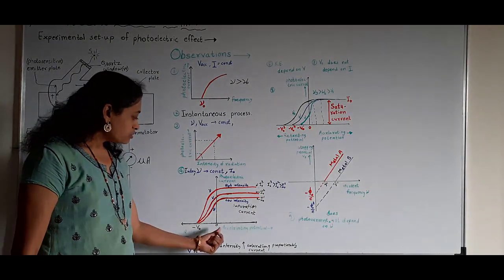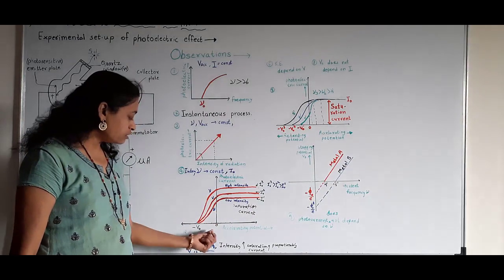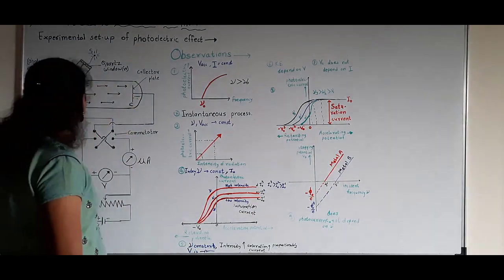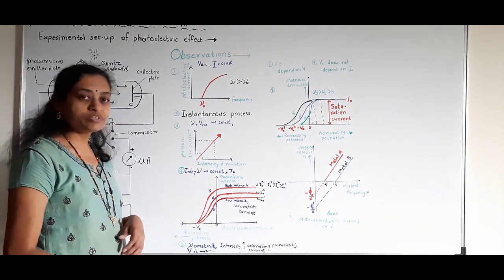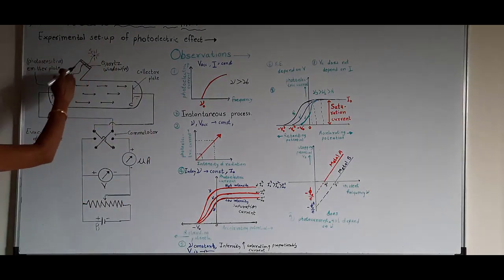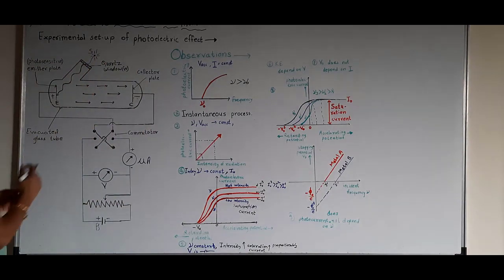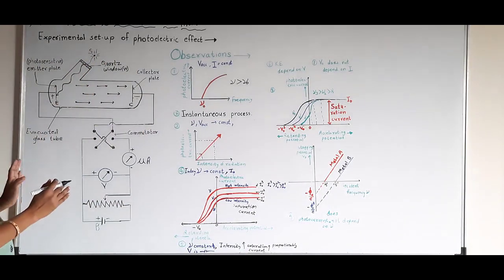When the potential difference between the emitter and collector is 0 and radiation is incident on the emitter, electrons are emitted.